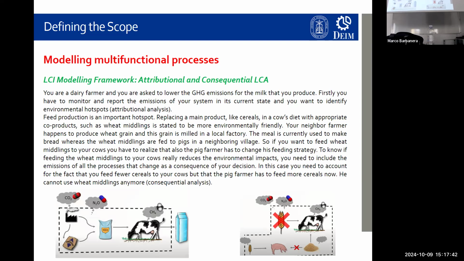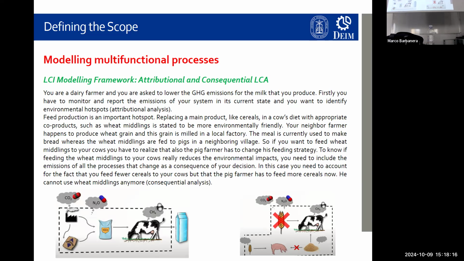So if you want to feed wheat middlings to your cows, you have to realize that the pig farmer also has to change his feeding strategy. To know if feeding the wheat middlings to your cows really reduces the environmental impacts, you need to include in your calculation the emissions of all the processes that change as a consequence of your decision.